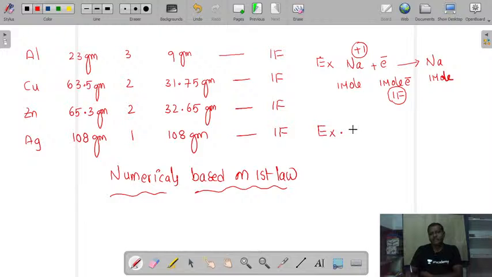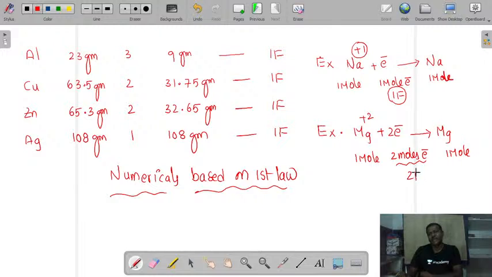See another example. Mg2+ ion. To reduce this Mg2+ ion, 2 electrons are required. To reduce 1 mole of magnesium ions, how many moles of electrons are required? 2 moles of electrons. 2 moles of electrons means how many Faradays of current is required? 2 Faradays.